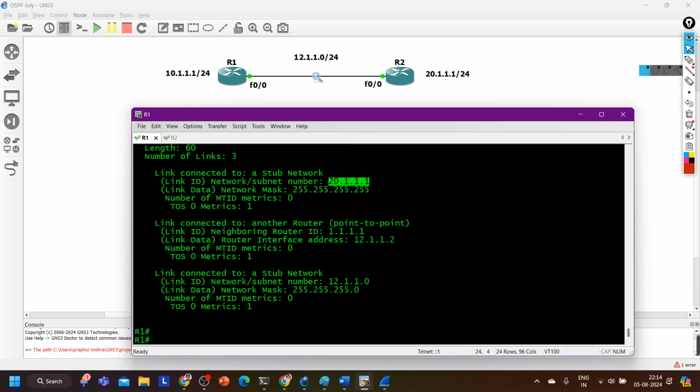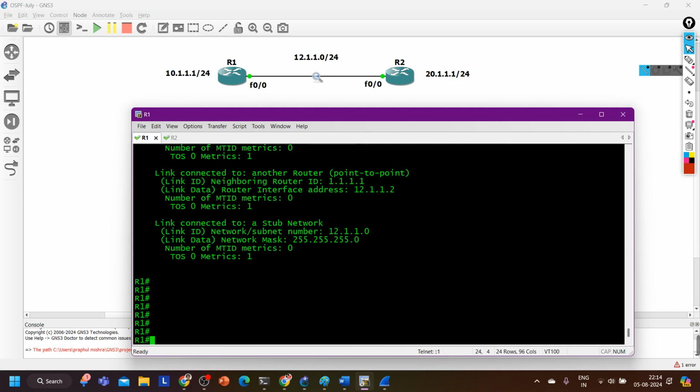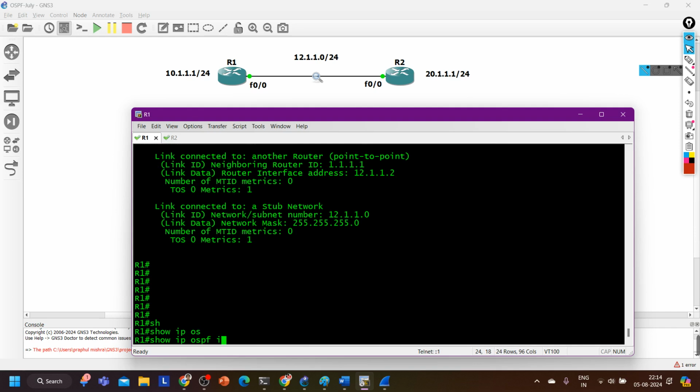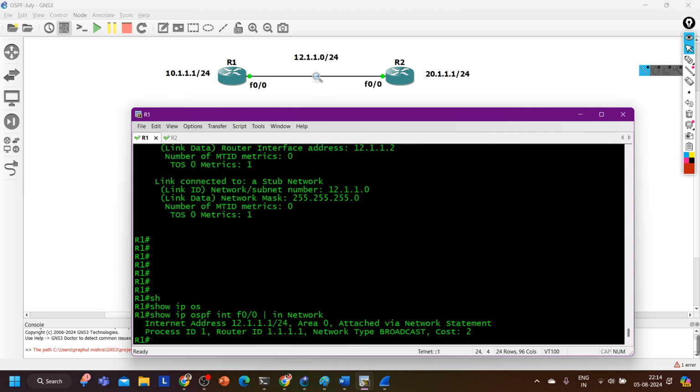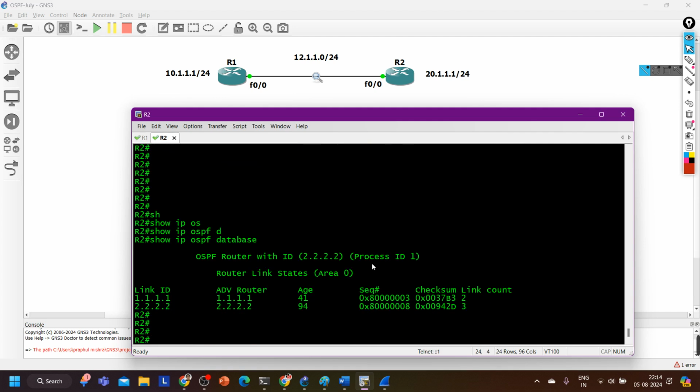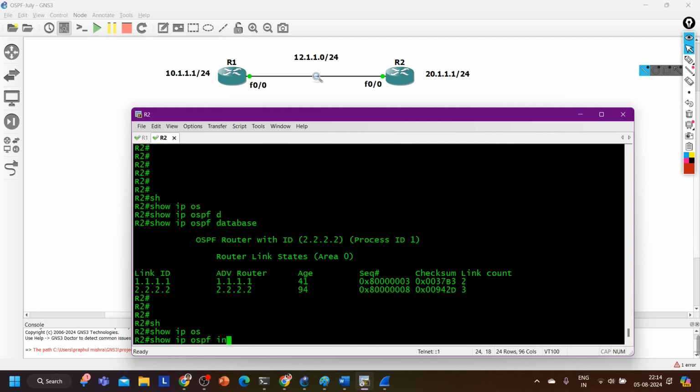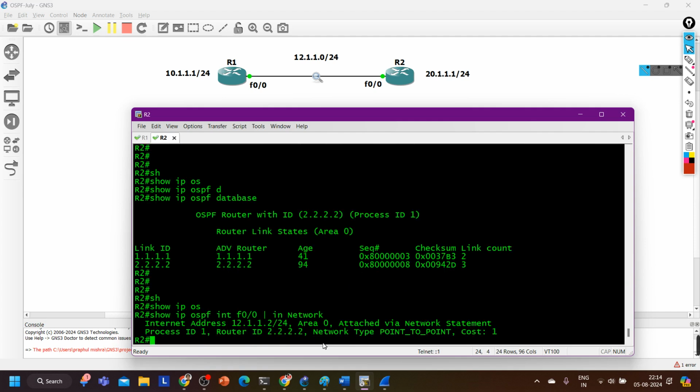So to troubleshoot it, what you can do, check the neighborship in detail. Show ip ospf interface F0/0 include network, and on router number 2 also, show ip ospf interface F0/0 include network.